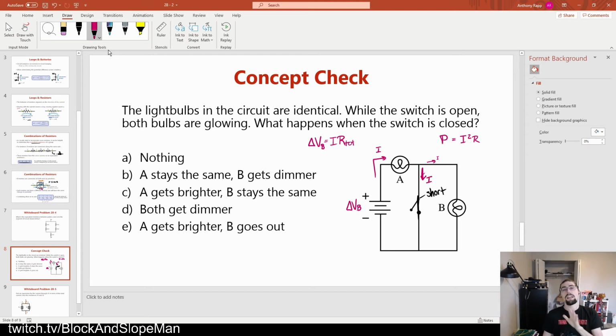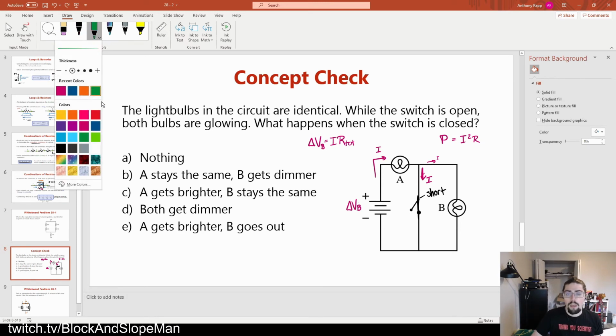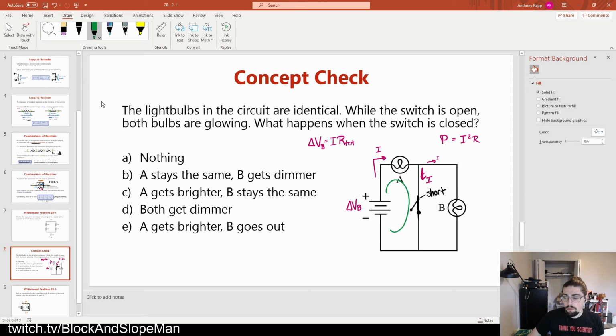If I assume that it's ideal wires, is there anything along this path to use up any potential difference? There's no resistance. That means that if I were to draw this loop, this implies that resistor A is taking up all of the current.